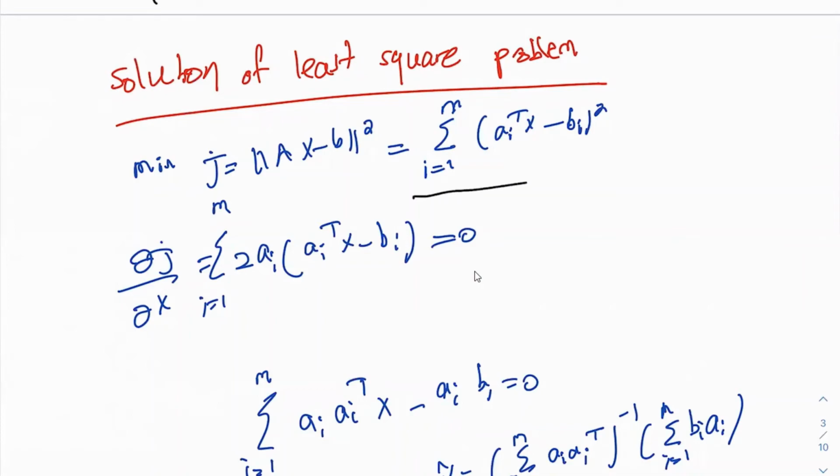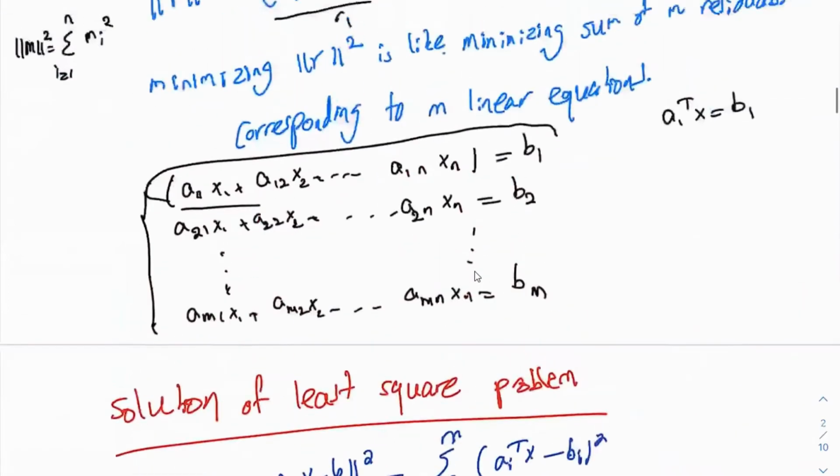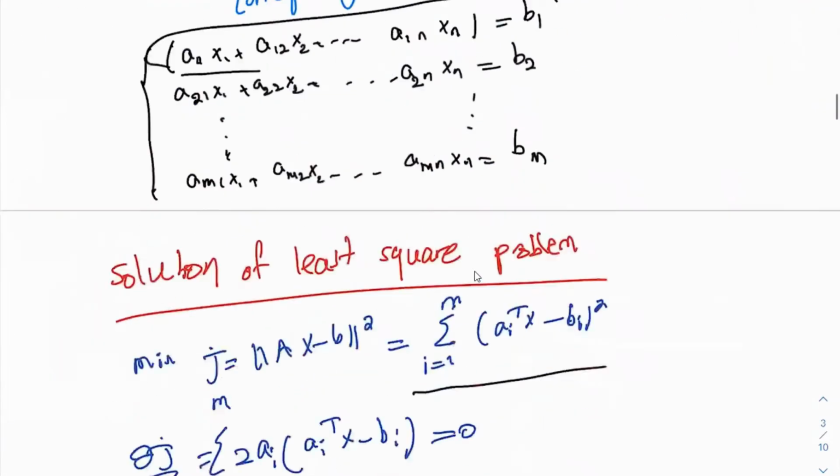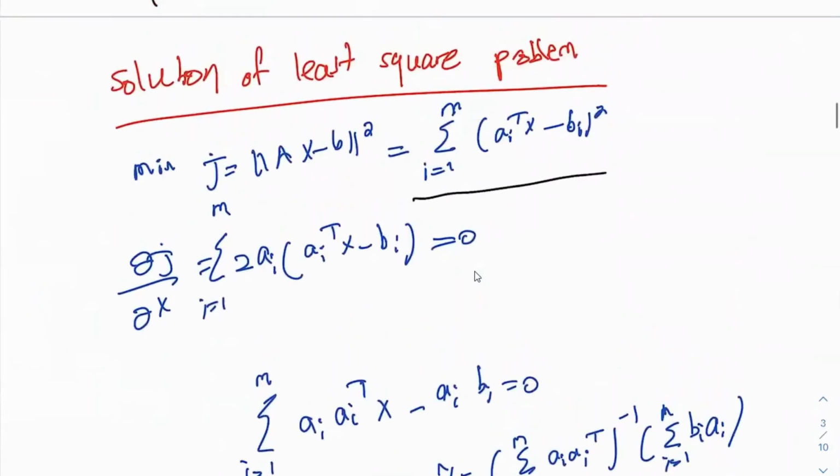You can write it like this. This is exactly what I have written here, right? So this AI is corresponding to ith row of A minus BI squared, right? Sum corresponding to sum of M residual squares, okay? Now, if you go ahead and take a derivative with respect to X, what would we get? Let's see. So this one is a square.